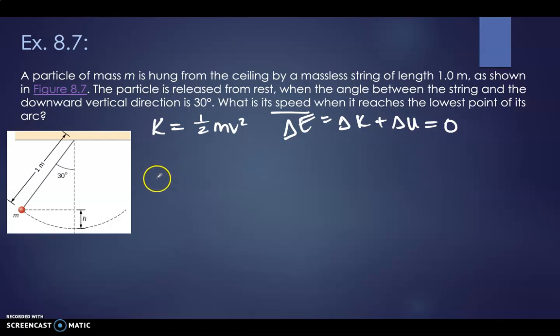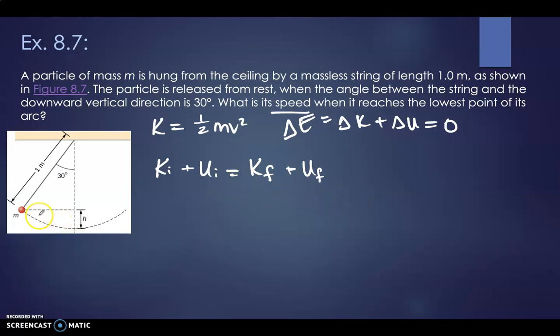So we should have some initial kinetic energy plus initial potential energy, and that should equal our final kinetic energy and our final potential energy. Okay, so we'll need to look at each of these portions here.